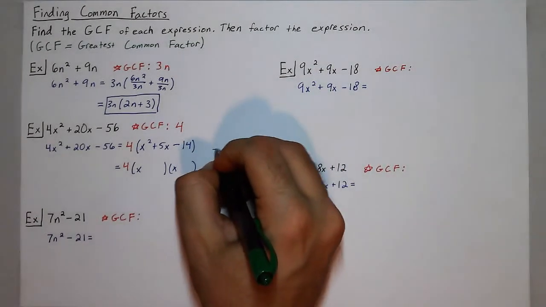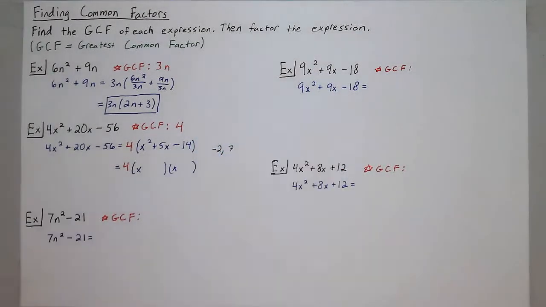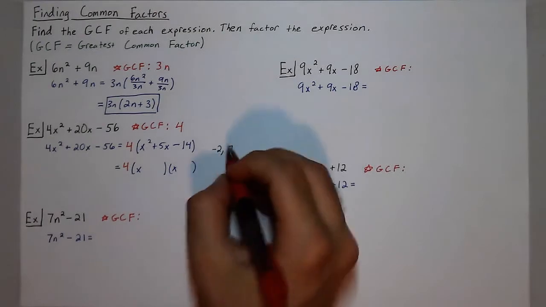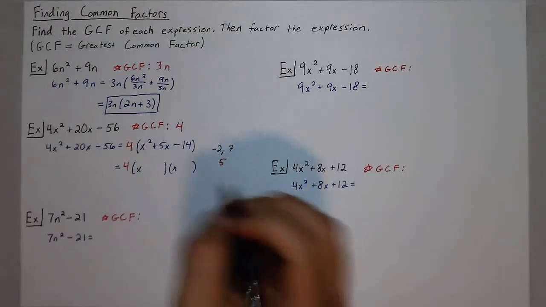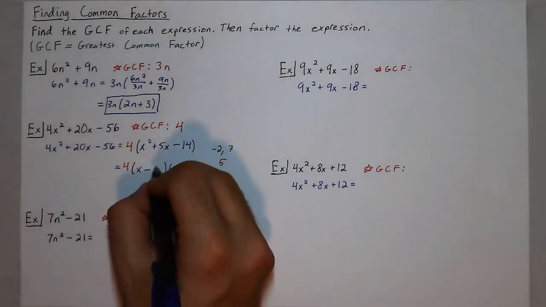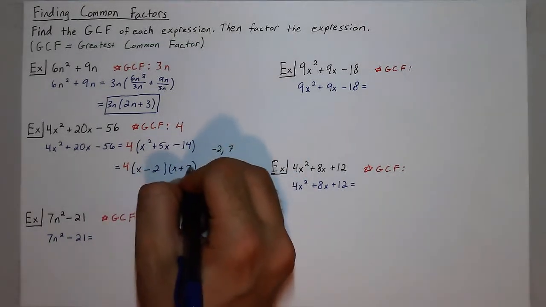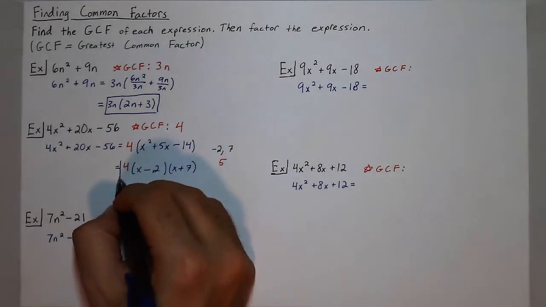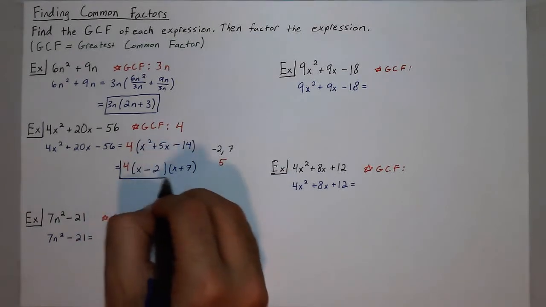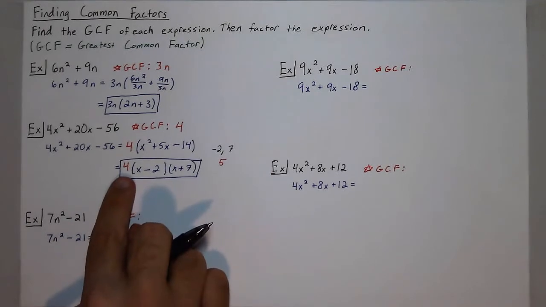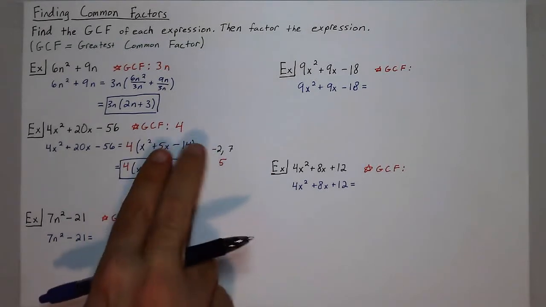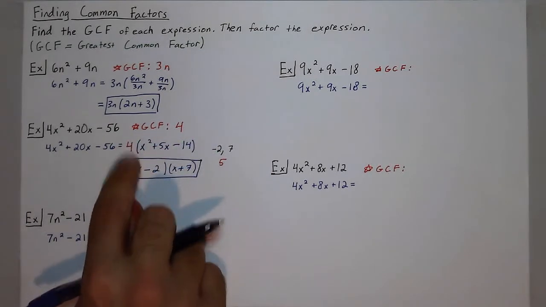So if I use negative 2 and 7, that's negative 14, and then those add together to give me 5. So my other two factors become x minus 2 and x plus 7. So my total factored form would be 4 times x minus 2 times x plus 7. So that greatest common factor you take out, it always stays out there even as you factor the rest of it. That is one of the factors you'll get at the end.